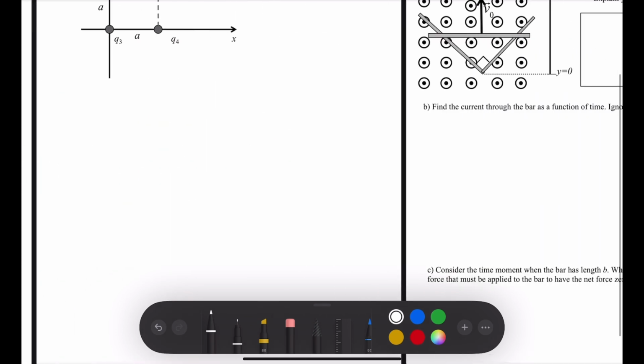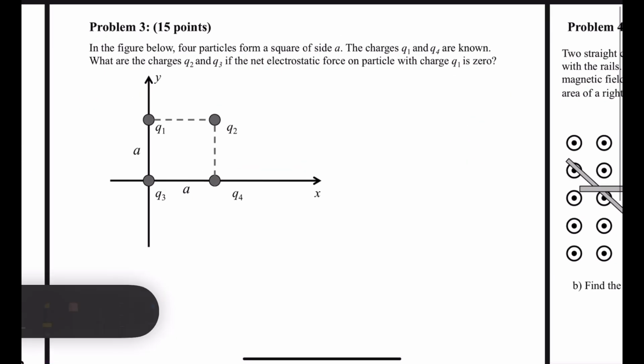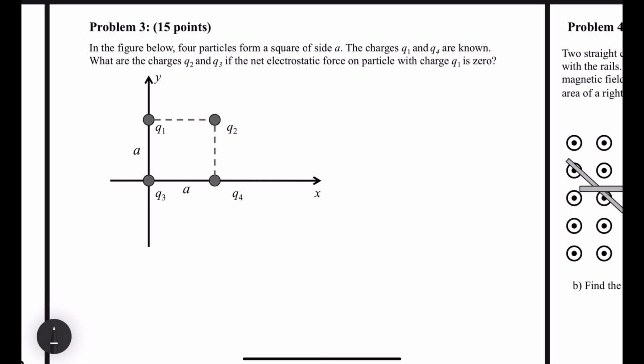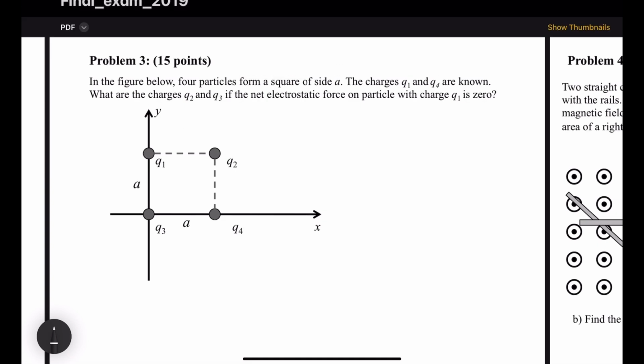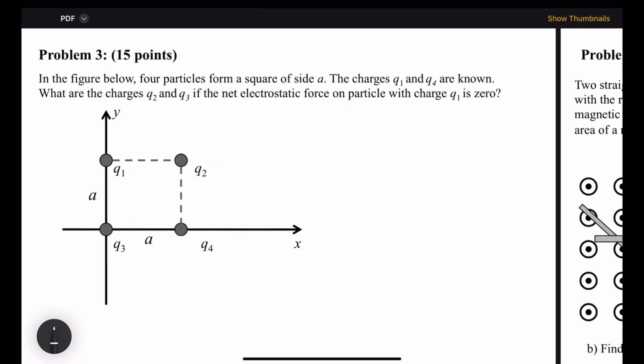Now, next question, Coulomb's law. In the figure below, 4 particles form a square of sides A. Charges Q1 and Q4 are known. What are the charges Q2 and Q3 if the net electrostatic force on the particle with charge Q1 is 0?